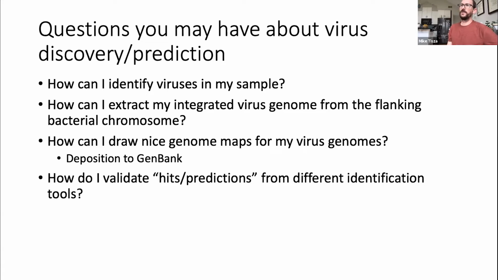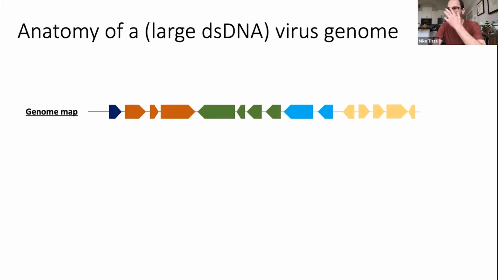How can I draw nice genome maps for my virus genomes? Those can be useful just for a figure in a paper. You can deposit the outputs from Cenote-Taker2 in GenBank, but they're also very important for inspecting for putative or possible false positives in your data. And then, of course, people want to know how you can validate hits or predictions from different virus identification tools. And I'll talk a little bit about that.